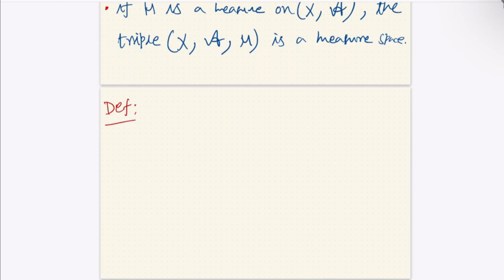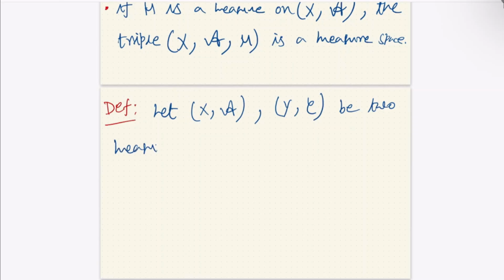The definition of a measurable function is quite similar to the continuous definition, but it is in terms of sigma algebras. Let's say you have a set X and a sigma algebra A, and you have a set Y and a sigma algebra C, two measurable spaces.